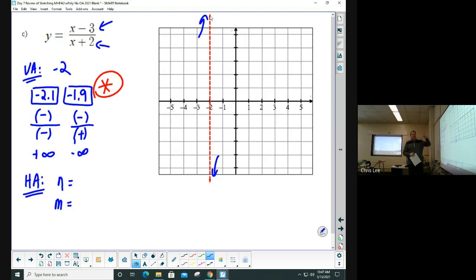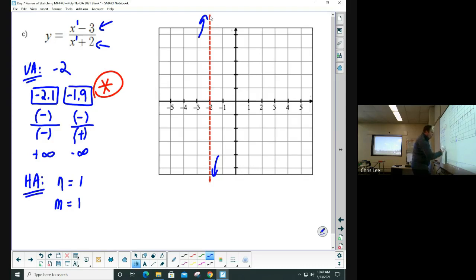In this case, the degree on the top is x to the power of 1. And the degree on the bottom is also x to the power of 1. When the degrees were the same, we then had to find the leading coefficients, which will tell us our horizontal asymptote.